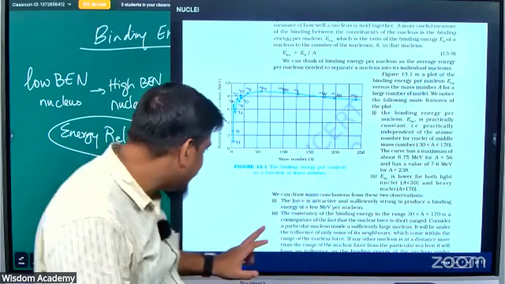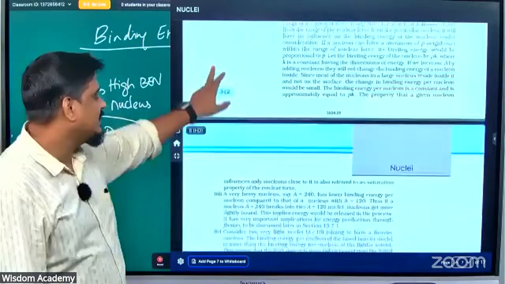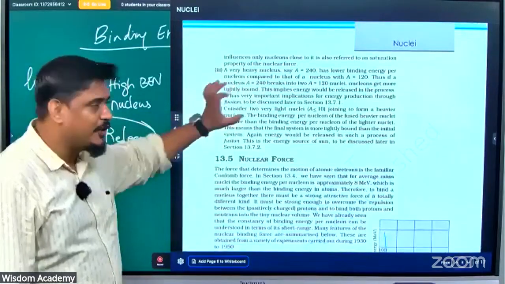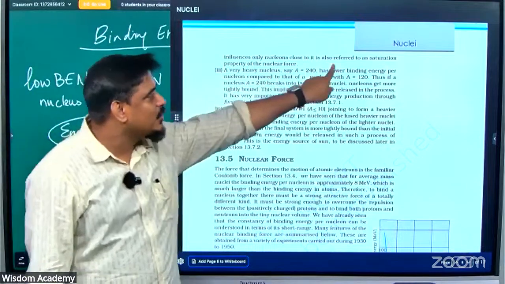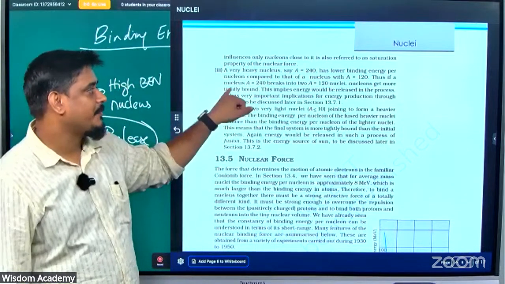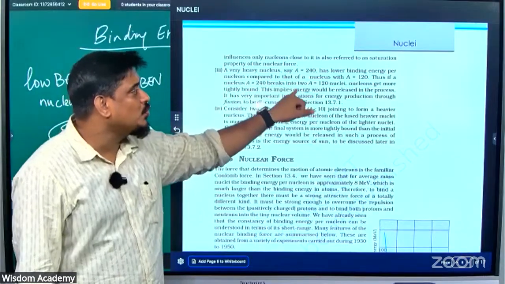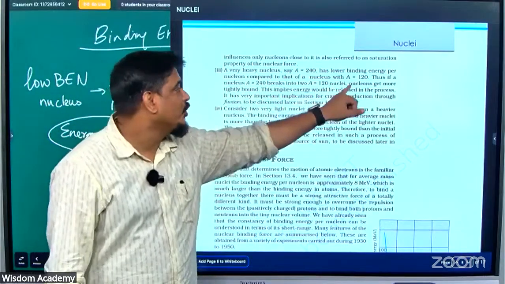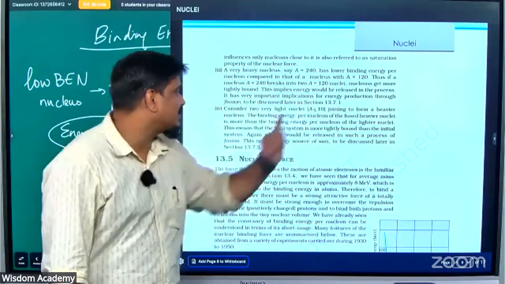So the same thing has been given in these two paragraphs. If you read these two paragraphs, you will realize a very heavy nucleus has lower binding energy per nucleon. Thus, if A 240 breaks into two A 120 nuclei, nucleons get more tightly bound. This implies energy would be released in the process.